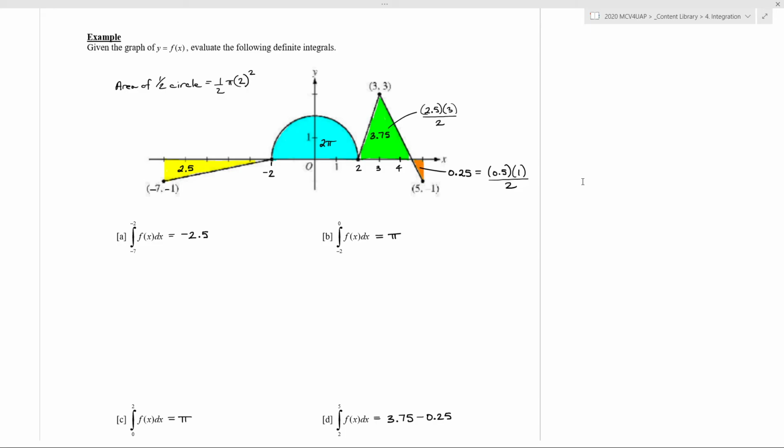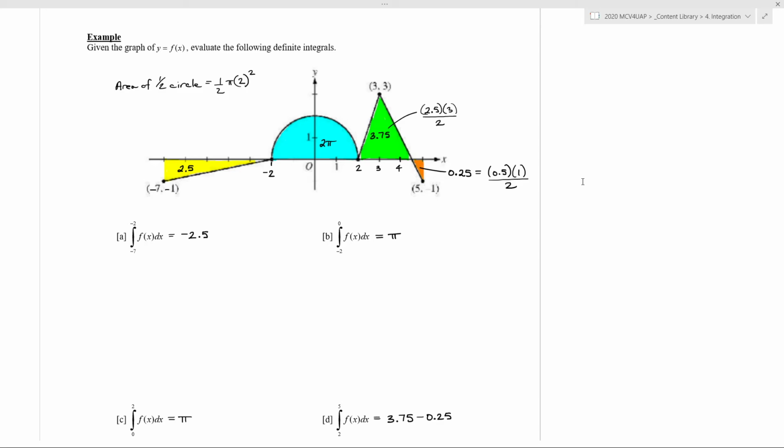So we're given this function here, and even before I looked at the integrals, I just found the areas of the basic shapes that are formed between that function and the x-axis. The yellow shaded triangle has an area of 2.5. You have a blue half circle which has an area of 2 pi.